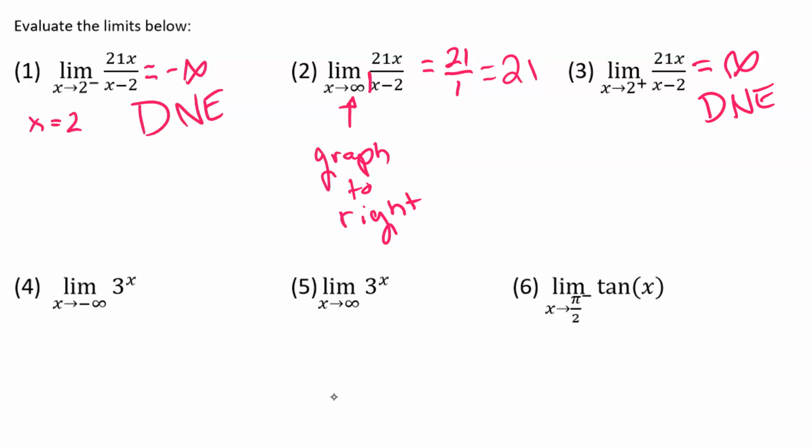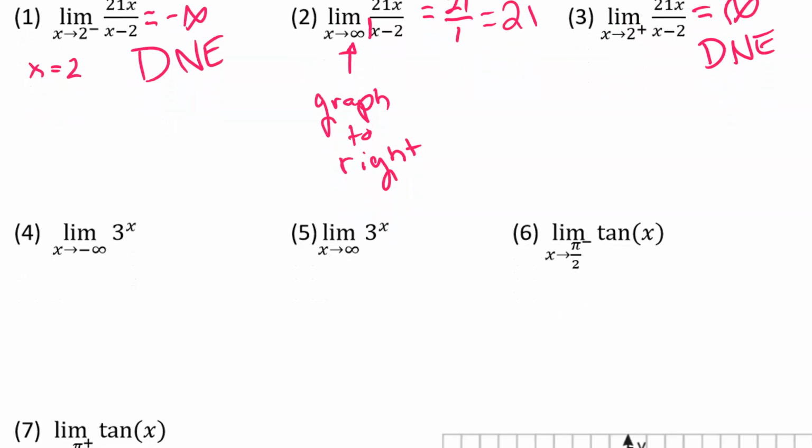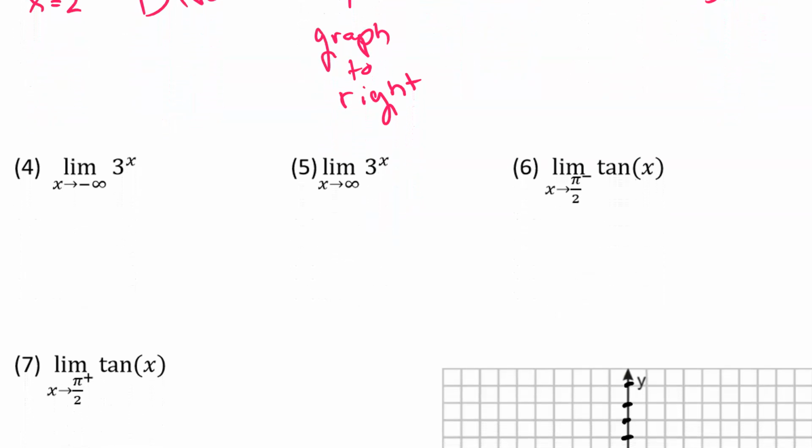All right, next up, we've got exponential functions, not power functions. When we've got a function like this, we should know that it looks like this.